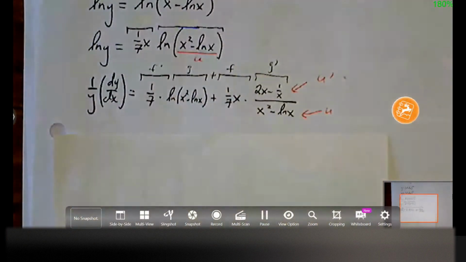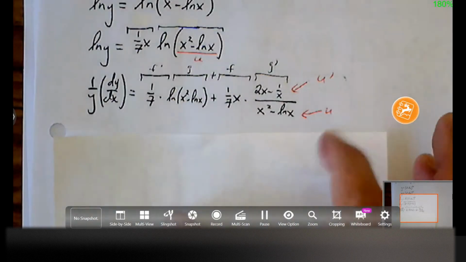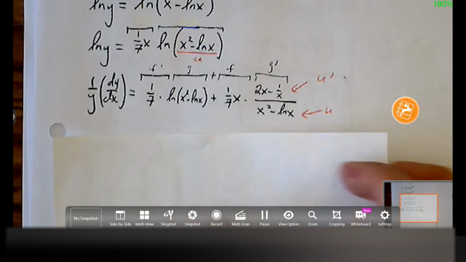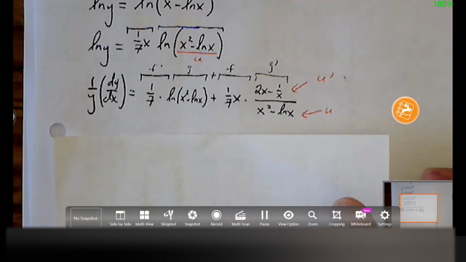The same thing as multiplying it by y. So multiply y to the other side. And then we can replace the y back in terms of the original equation. So what's y equal to? Basically, we want our derivative to be purely in terms of x on the right side.